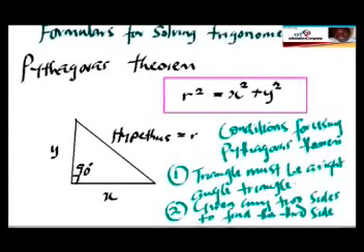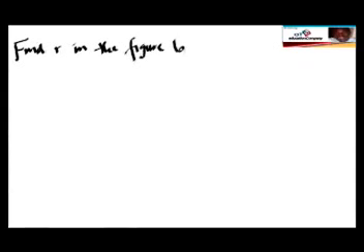Now we'll just go and take some examples here. Here we have an example that says find arrow in the figure below. Now what is this figure we're looking at? We're looking at a triangle of this kind.